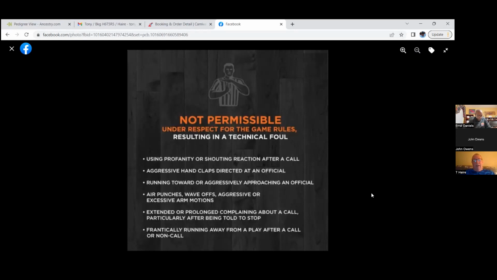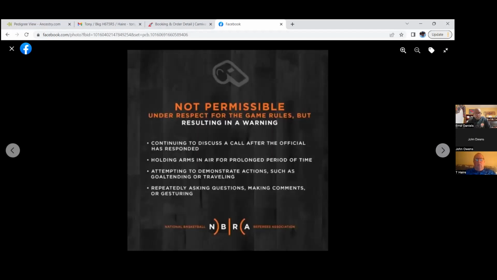So if you call a technical foul, you should be able to put it in one of these 6 categories as far as the description of why you made that call. So any questions on this first slide here?